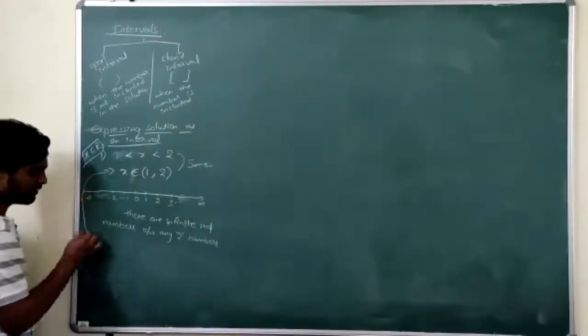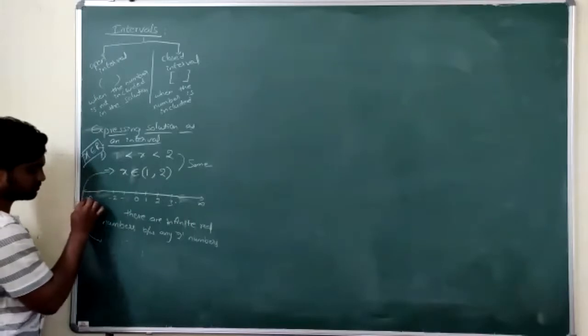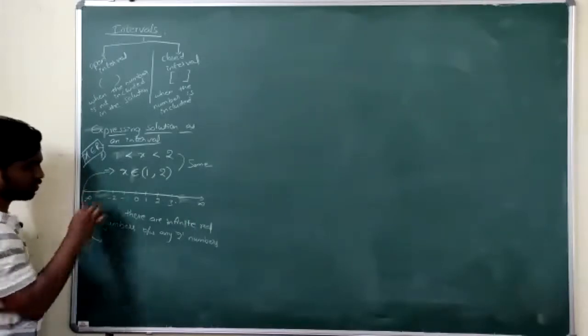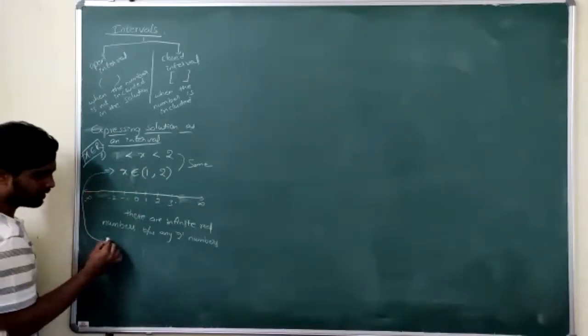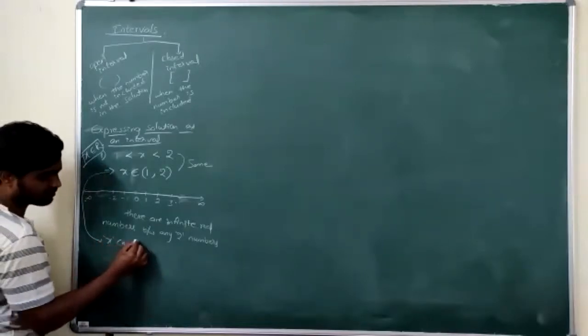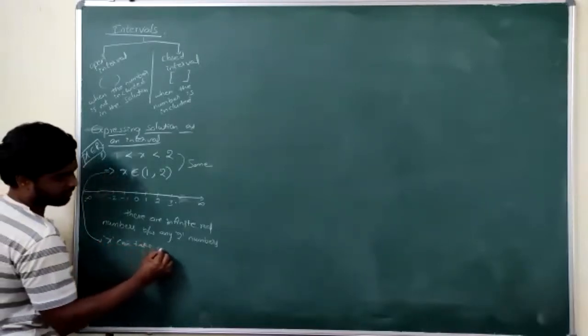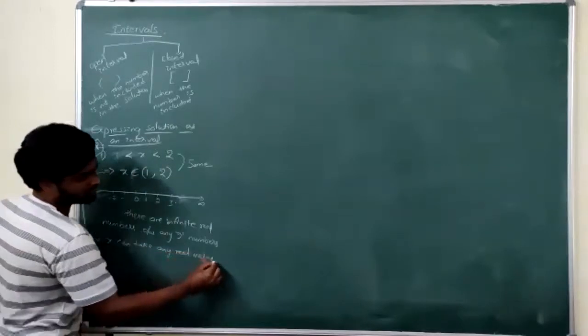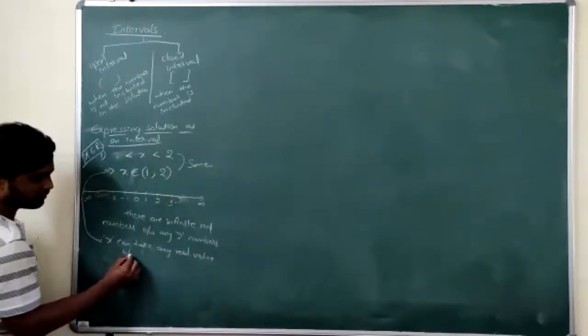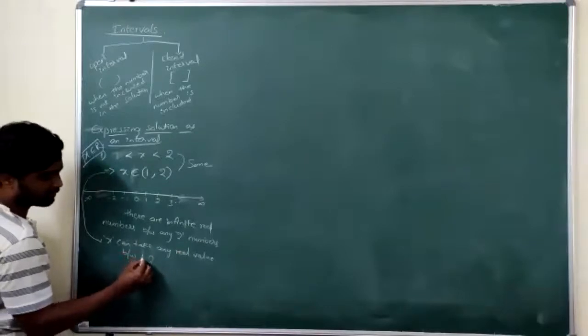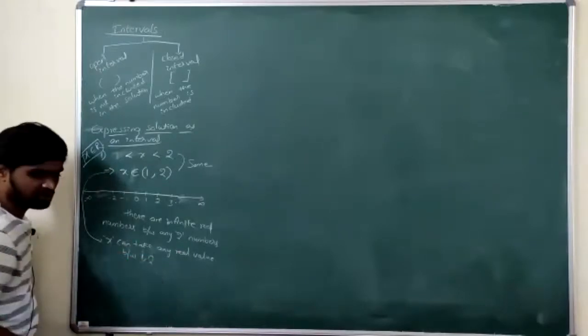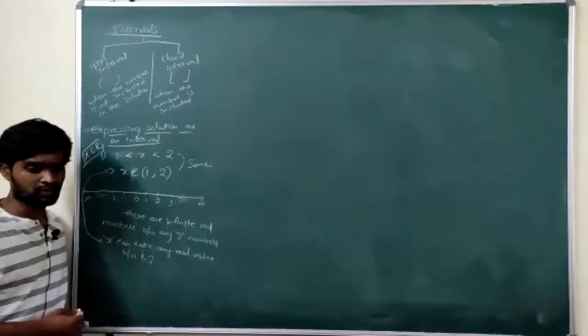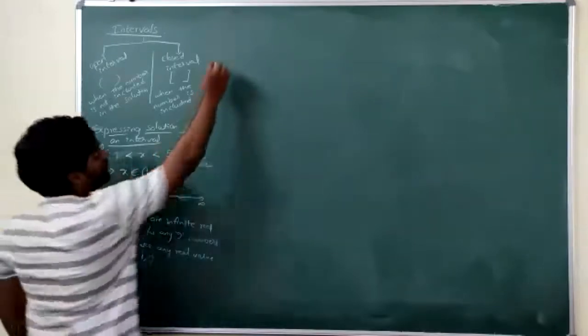Now, what does this interval mean? x can take any real value between 1 and 2. There are infinite numbers between 1 and 2, so x can take any one of them.